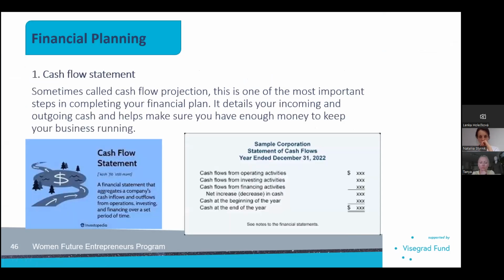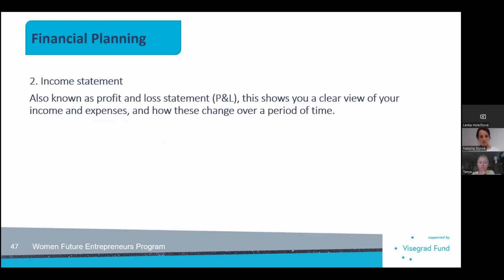And regarding our cash flow, as I mentioned, we need to think about cash, about some main activities that are generating our cash, because there is a difference between profit and cash. So cash inflows and outflows are involved in the cash flow, real cash, real money.